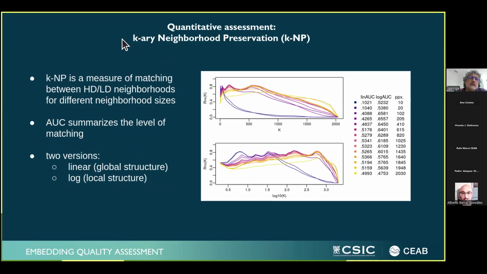Another tool for a more quantitative assessment of the quality of the embedding is what we call the CARI neighborhood preservation. This is a measure of matching between the high dimensional and the low dimensional neighborhoods for the whole range of neighborhood sizes. For instance, here you can see these blue lines, which correspond to a low perplexity, and they show high matching for small neighborhood sizes.